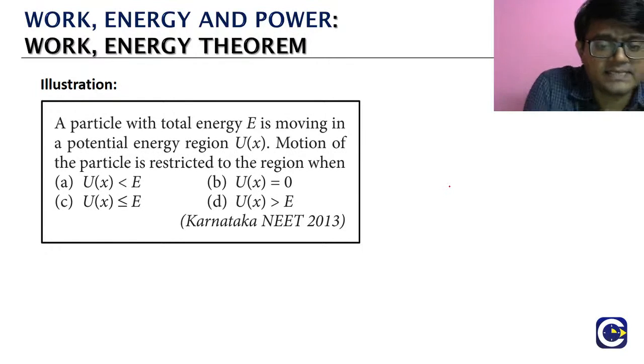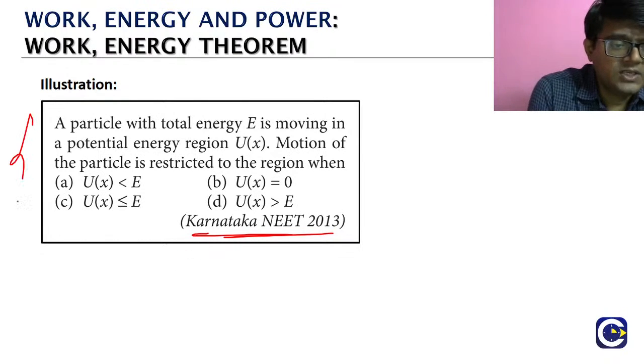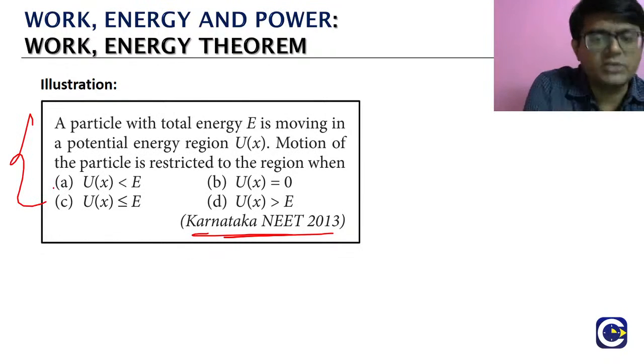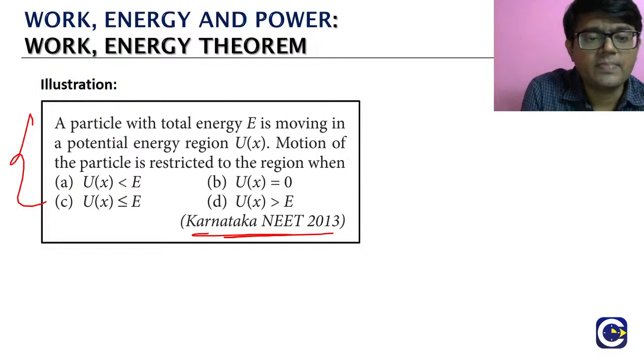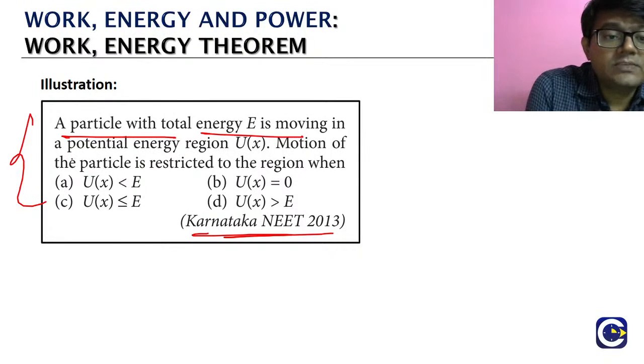This is a question that came in the Karnataka paper 2013 NEET. This is a different question, so we are trying to discuss it. A particle with total energy E is moving in a potential energy region U(x).